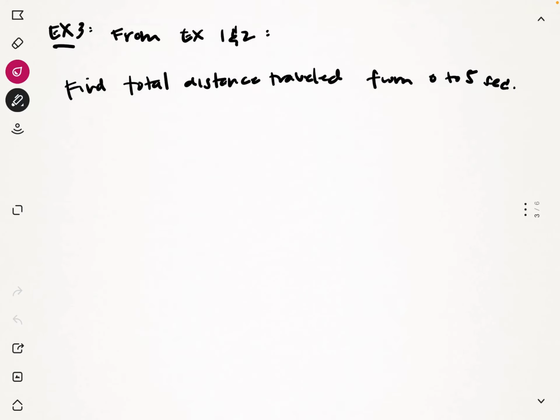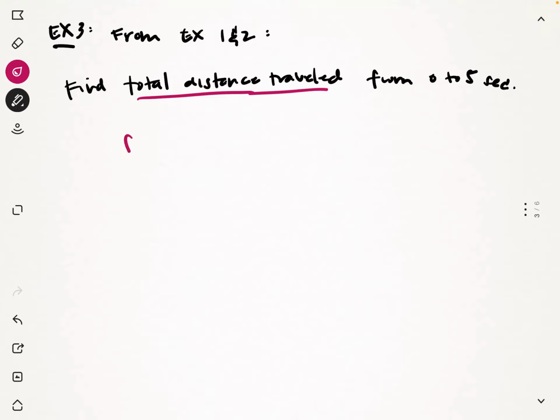Okay, on to example 3. It says from examples 1 and 2, find the total distance traveled. So total distance traveled is a little bit different, right? When we just do the integral, it tells us where we ended up. It takes into account if we're moving left, if we're moving right, and where we end up. So when we're trying to find total distance, remember we're just doing the absolute value, right?